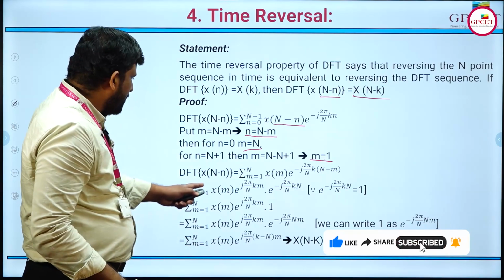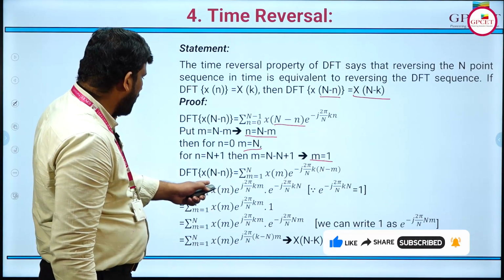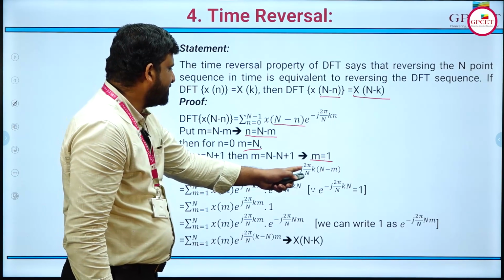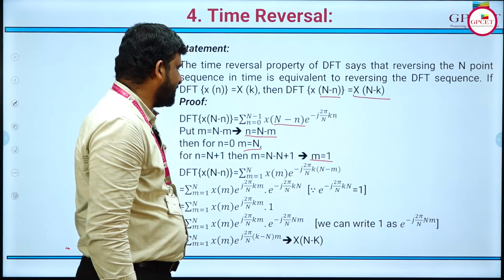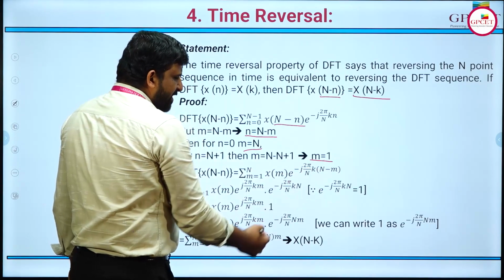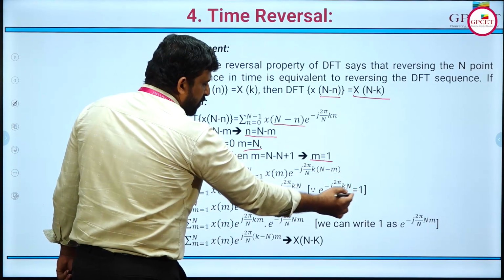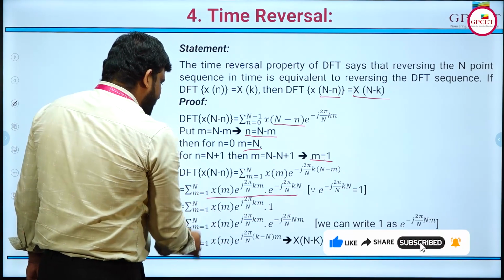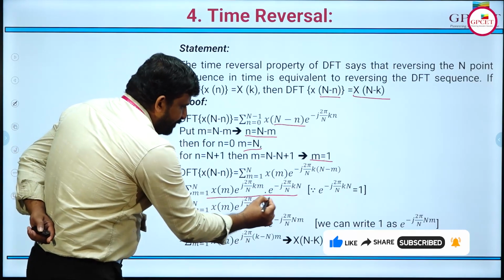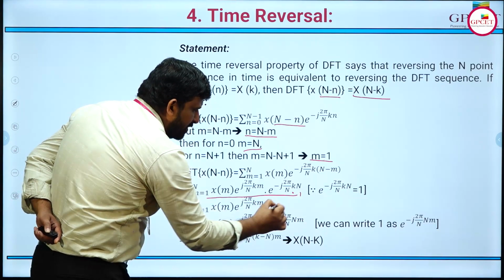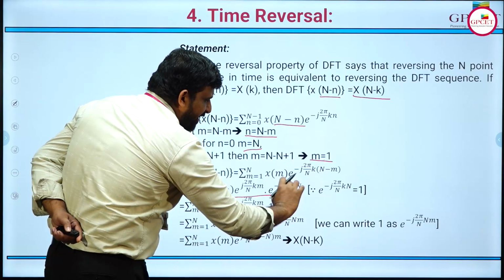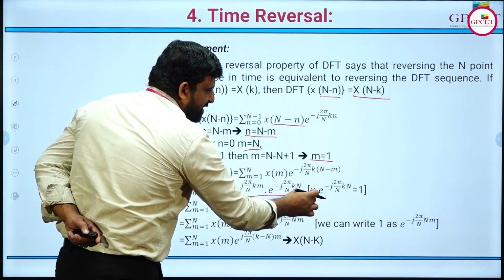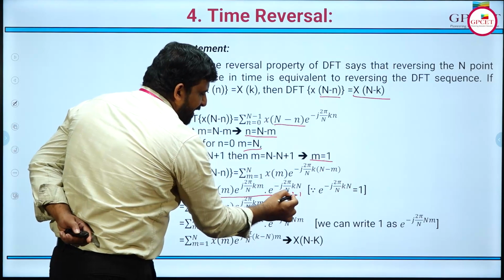So with this, I can show you what I am going to get: summation m is equal to 1 to N x of m e power minus j 2 pi k by N of (N minus m). Same, I am subtracting this exponential, and the first exponential will be equal to 1. So I am going to get only this term. If I divide this exponential e to the power of a minus m, e to the power of minus a into e to the power of minus m, this particular term I am writing as 1.